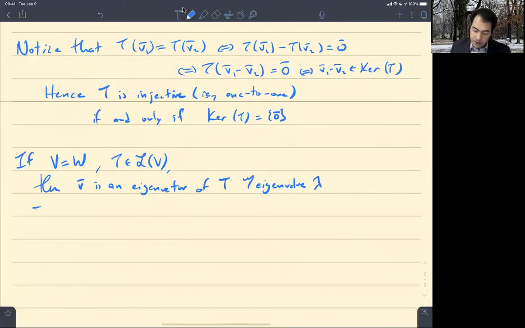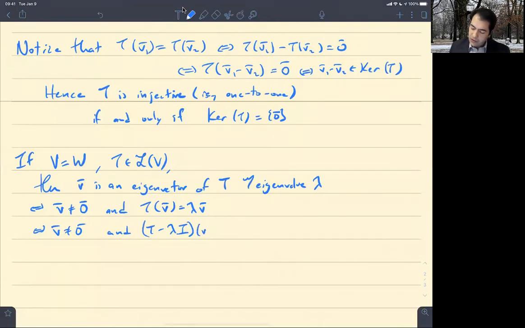Well, by definition, remember that means that V is not the 0 vector, and T sends V to a multiple, to lambda times V. Okay, another way of saying that is that V is not the 0 vector, and T minus lambda times the identity sends V to 0.